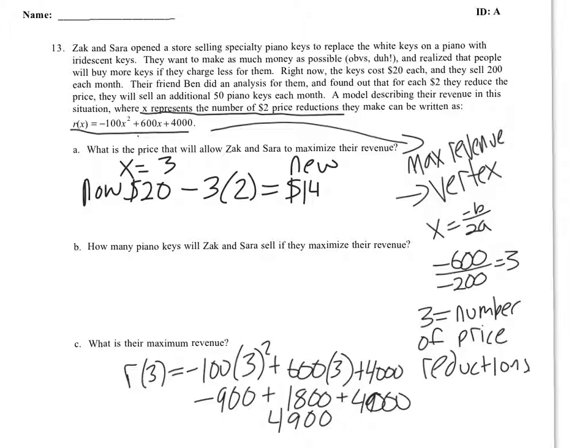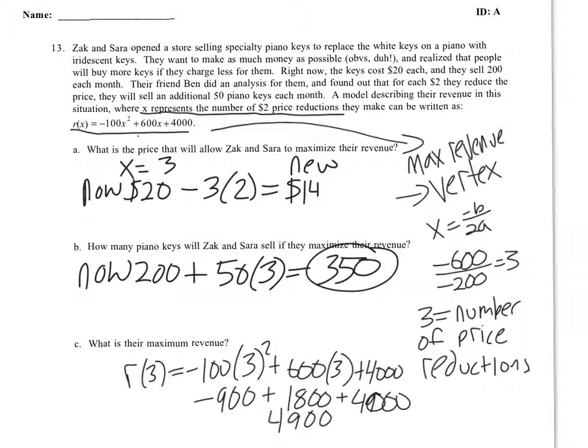Well, they sell 200. And then they're going to sell 50 additional piano keys for every increase. So plus 50 times 3 for the number of increases is going to be 350. Again, this is a weird problem that we've never seen before, and you'll never see again because nothing actually is set up this way, except this problem on your midterm.